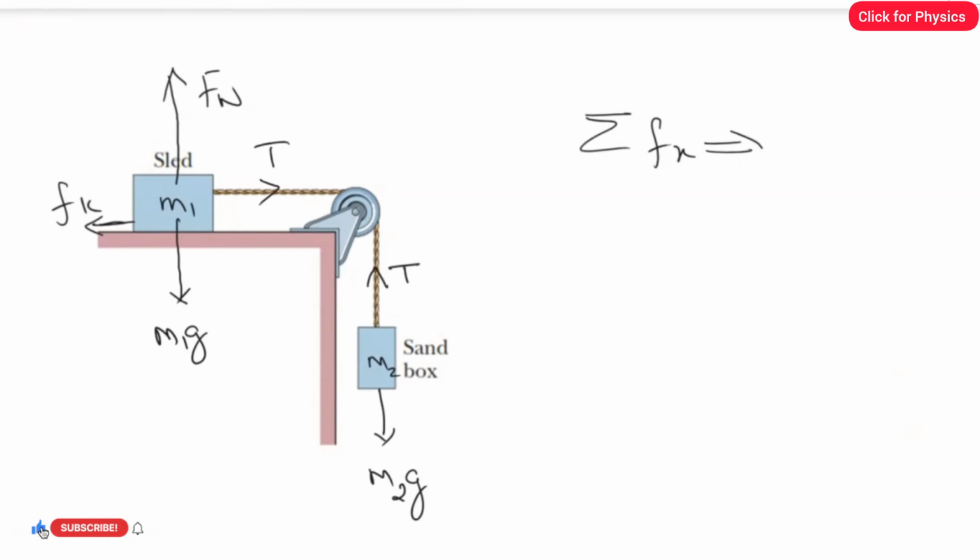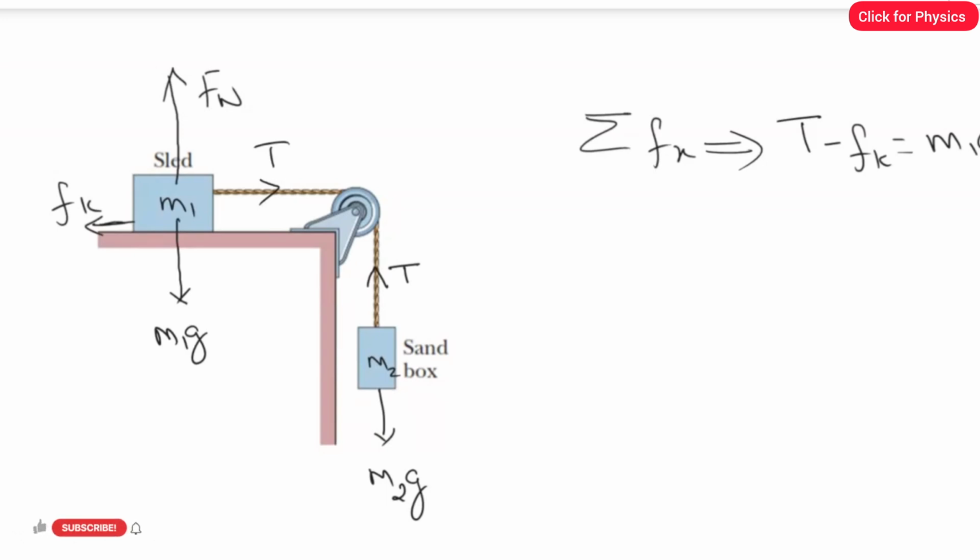So how can I write it? Here we have horizontal force only in the sled part, but there is no horizontal force in the sandbox part, right? So the horizontal force for the sled is given by tension minus Fk, which is equal to M1 multiplied by a. Why? Because it has acceleration.